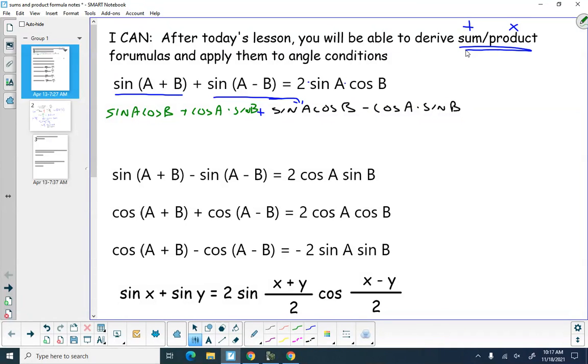I have sine A cosine B, I have sine A cosine B. I have cosine A sine B, then I have a minus cosine A sine B. What happens to the cosine A sine B's? They cancel out. Because this one is a positive cosine A sine B, and this one here is a negative cosine A sine B. They're identical terms, one plus, one minus. So they cancel out.